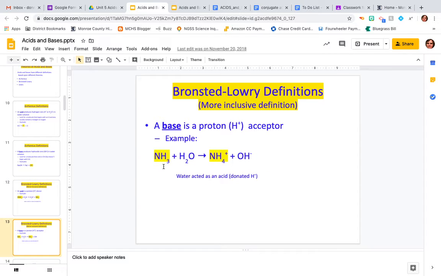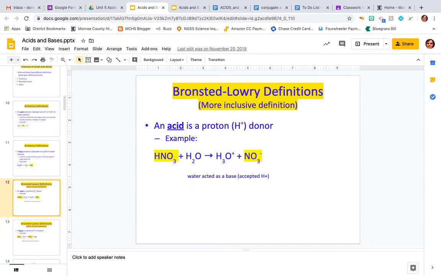Okay, so here in this example, the HNO3 donated a proton and became NO3 minus, and so this means this was an acid. By the same token, where did that proton go? The hydrogen ion or proton that was donated by the HNO3 was accepted by the water, by the H2O, and it became H3O+.